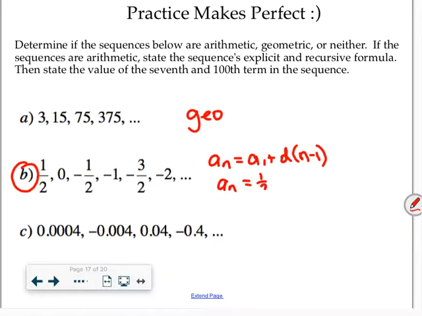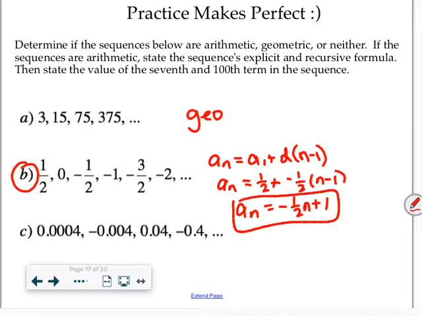So I got 1/2 plus, what was the common difference? Negative 1/2. So this ends up being negative 1/2 times n plus 1. For the recursive, you give the first term, and then to the previous one, you're subtracting 1/2. N is an integer greater than or equal to 2.